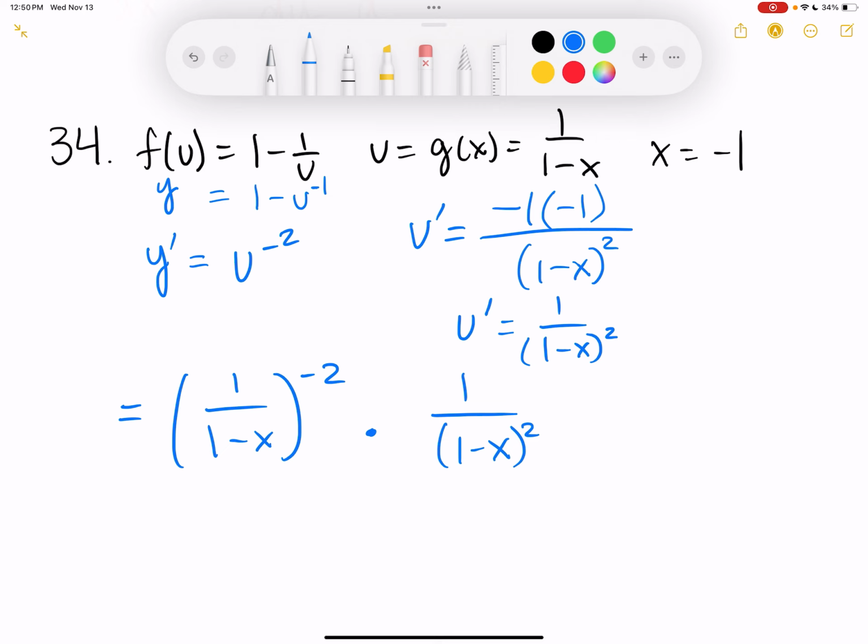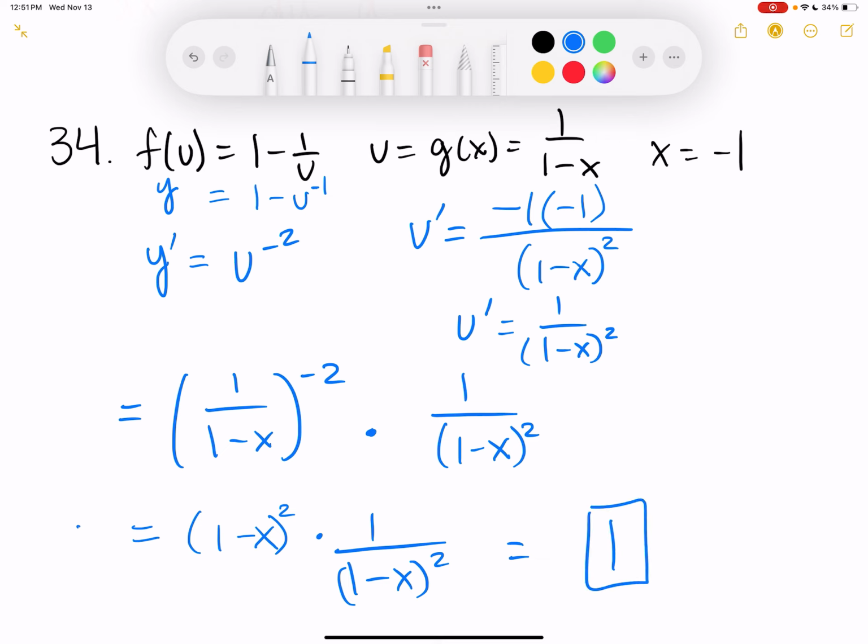What does this become? Like 1 minus x squared. Yep, 1 minus x squared. Okay, so I'm not crazy. Times 1 over 1 minus x squared equals 1.